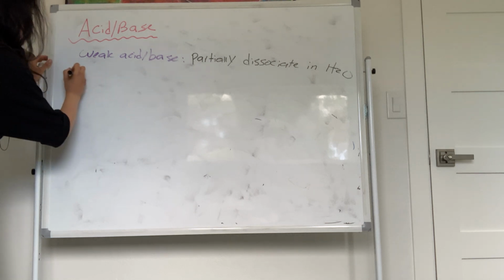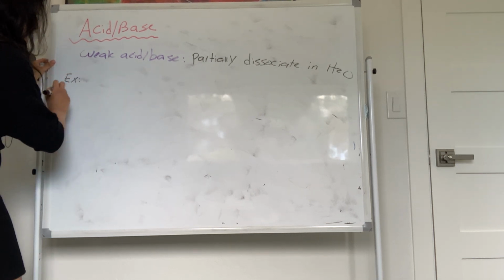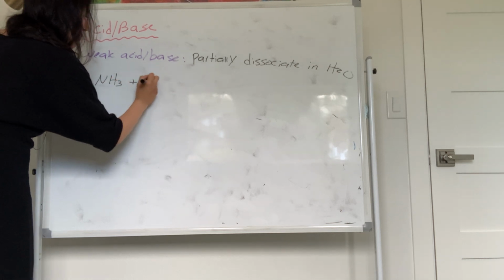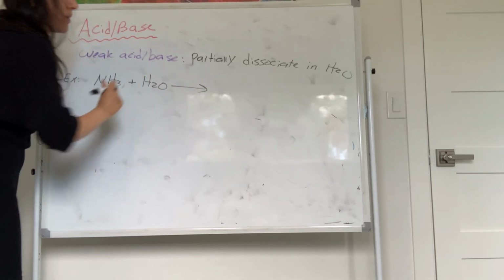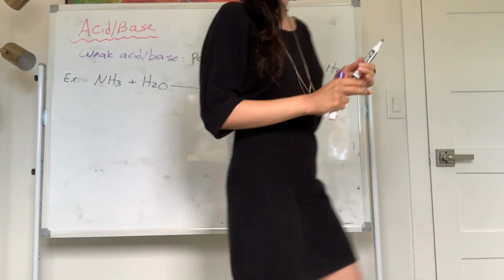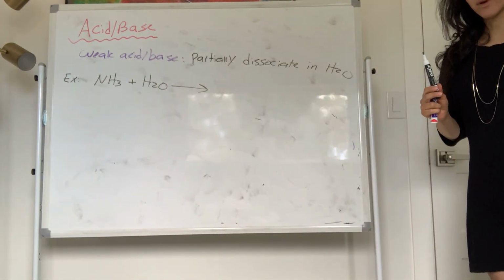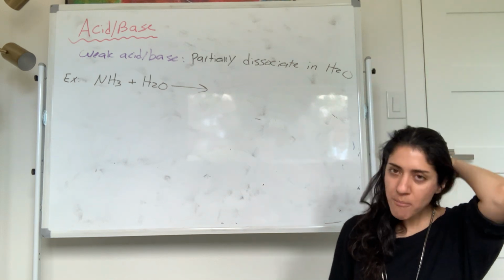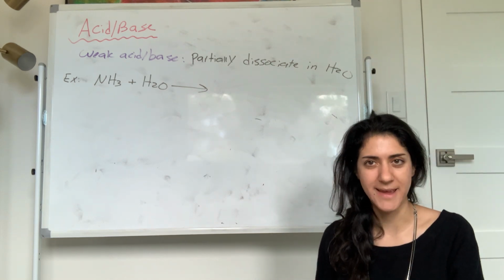Now, we're going to do a couple of practice problems. NH3 plus water. Pay attention to this one, this is the important one. What is NH3? I'm hoping you remember this. NH3 is ammonia. Now, ammonia is a weak base.